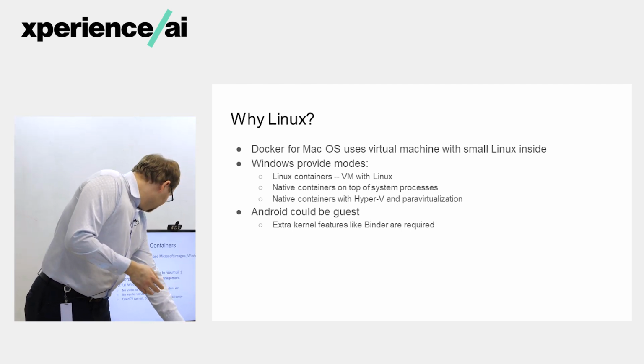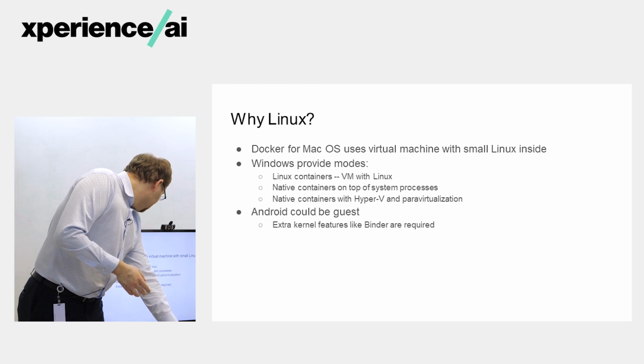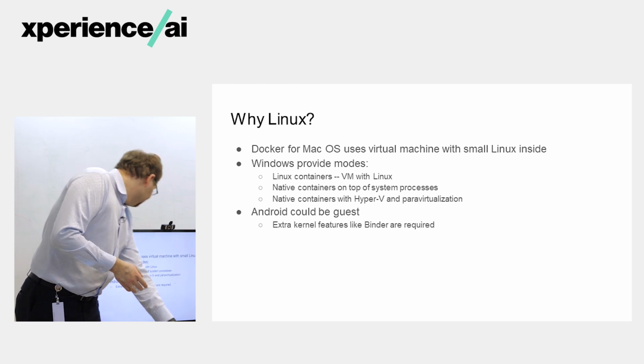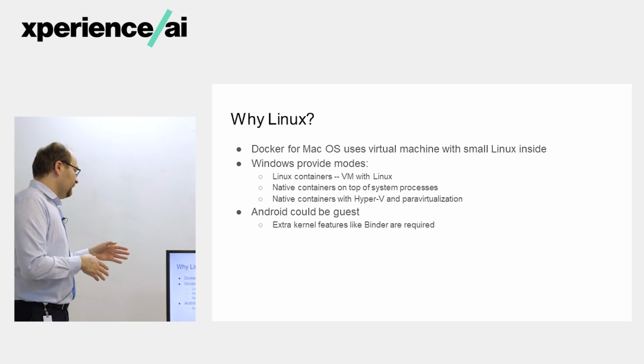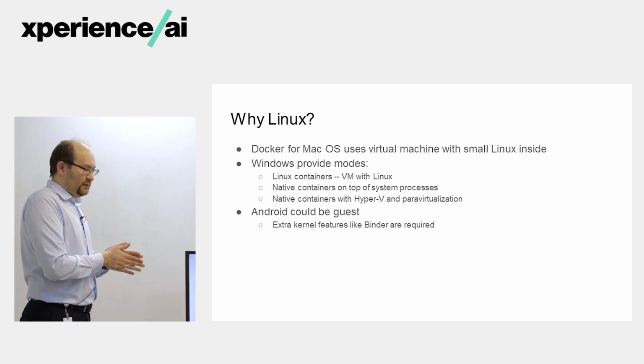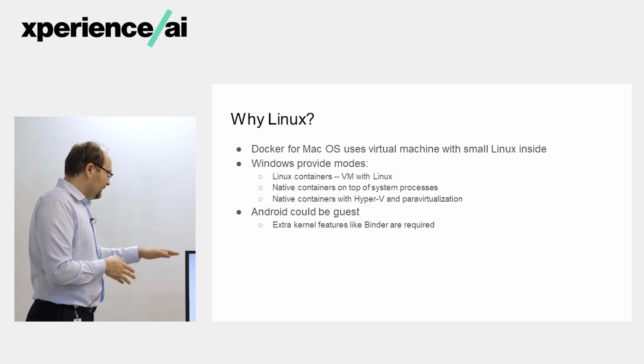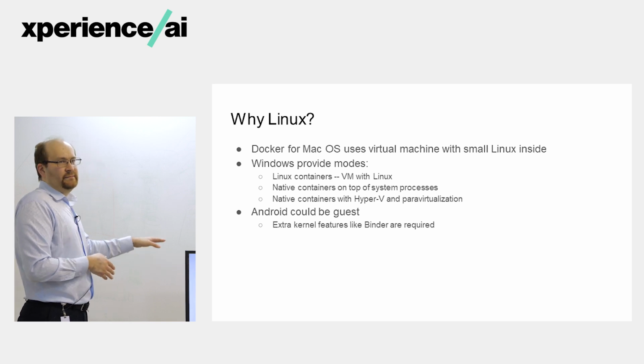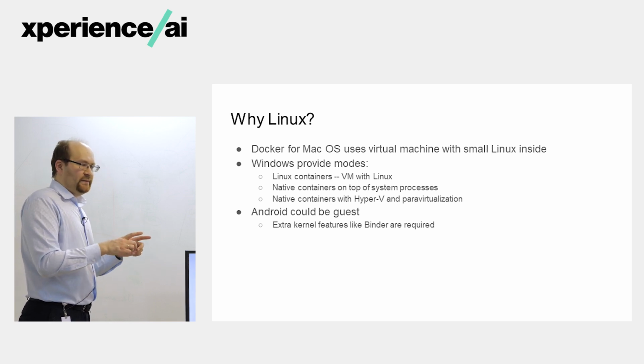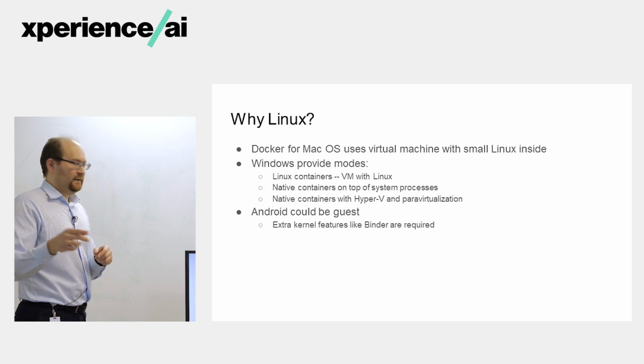What about Windows? Well, let's step back. There are three modes of Docker on Windows that you can use. The first one is a virtual machine, the same as on Mac. We have a small virtual machine with Linux, and all containers are executed on top of it.